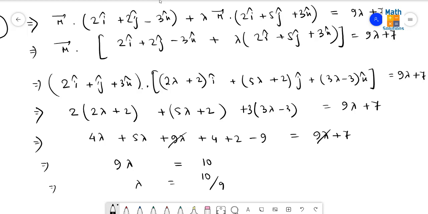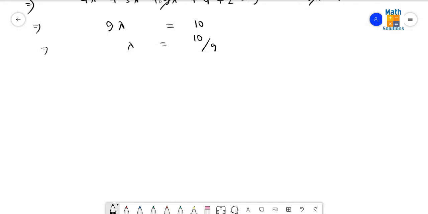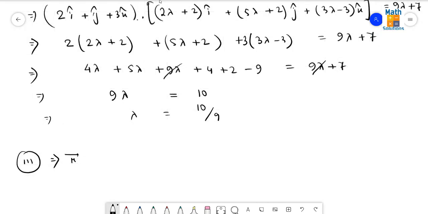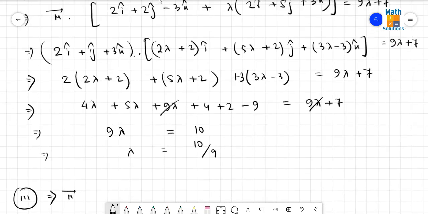Now this value I have to put in equation 3 to get the entire result. Therefore equation 3 will imply what? Vector r, actually in modified form I have to write it down.